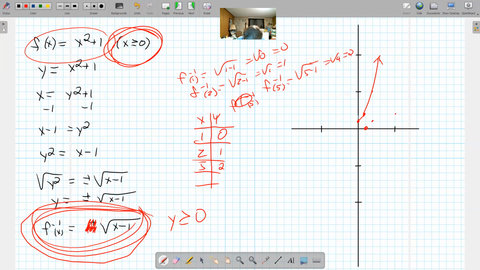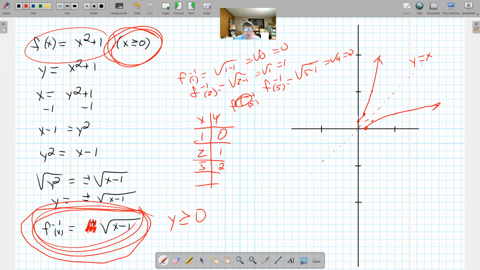So 5, 2. So what am I getting? I'm getting this graph, which is symmetric with the other graph about the line y equals x.